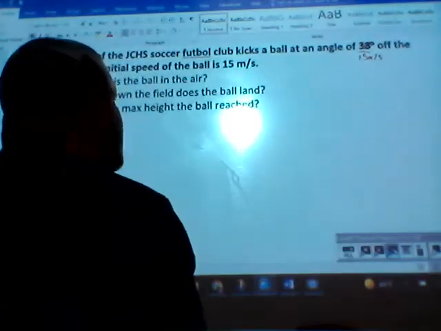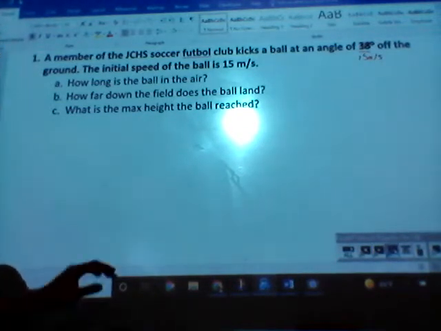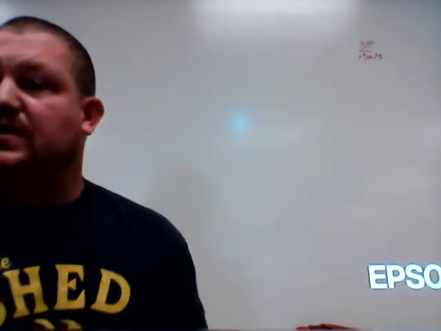We want to know how long is the ball in the air, how far down the field does the ball land, and what is the max height that the ball reached. So the first thing we want to know is how long is the ball in the air?